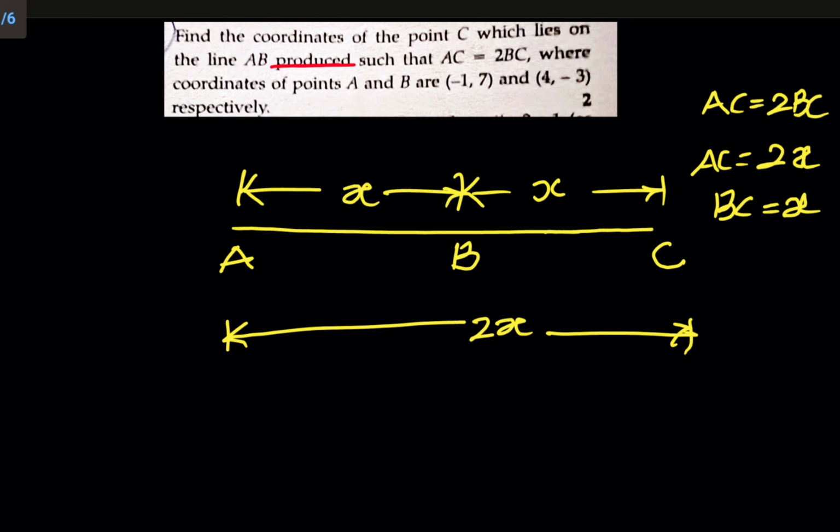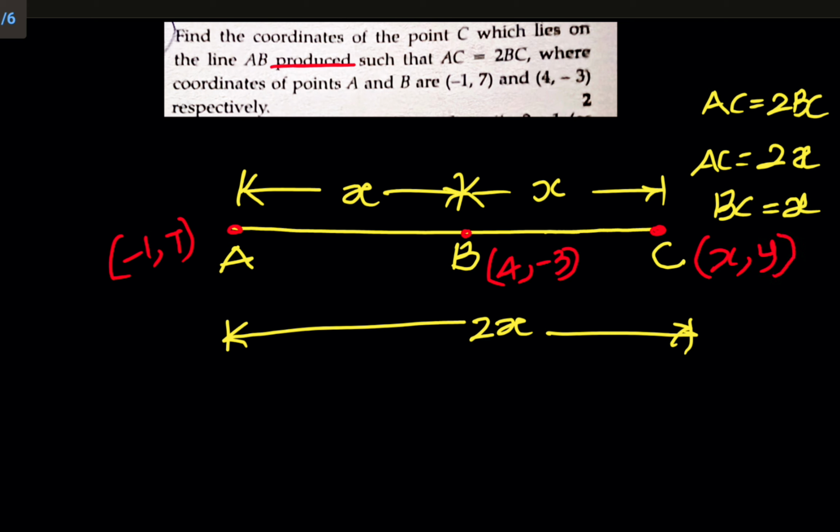Now we have been given the coordinates of A. A is (-1, 7) and the coordinates of B are (4, -3). C coordinates we have to find out. Let us say that is (x, y).